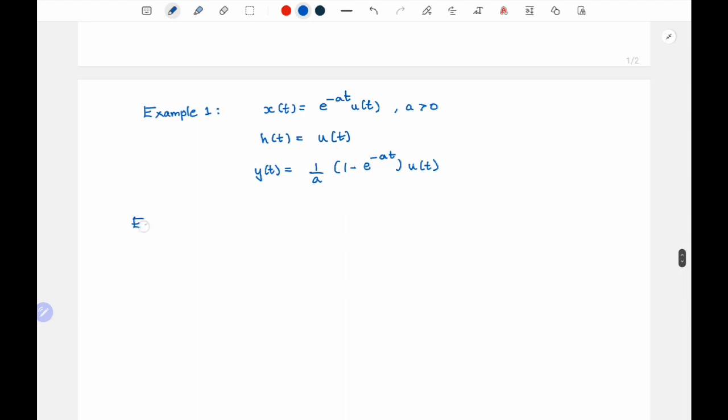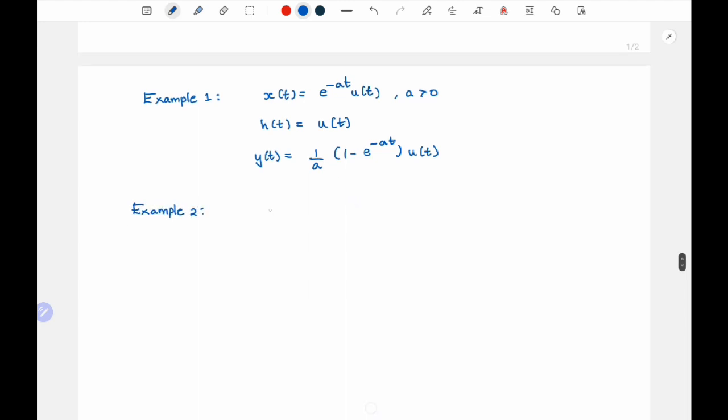And we also saw several other properties, like if h of t is delta of t, and x of t, let's say, remains the same, then y of t will be x of t convolved with delta of t, which is nothing but x of t itself.